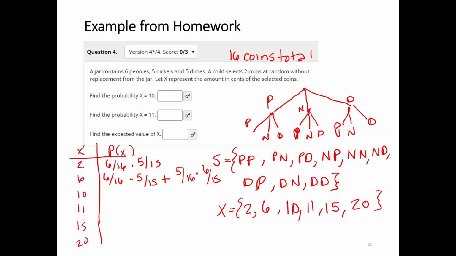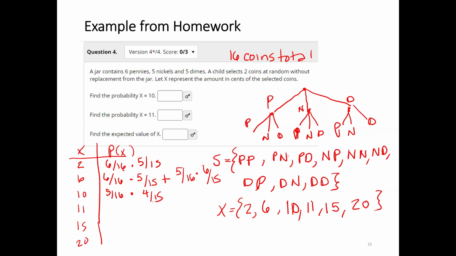Now, getting 10, what's the probability of getting 10? Nickel, nickel. So in my case, is that 5 out of 16 times 4 out of 15? So I got that one. What's the probability of getting 11?